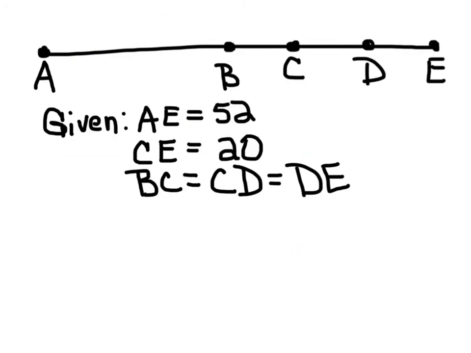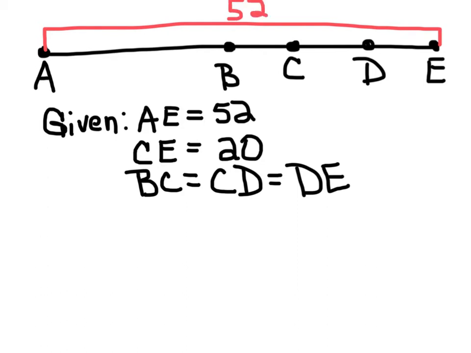The last thing we'll look at is when you have a long segment broken up into several other segments, and they give you some information and then ask you to find the rest of the segments. If the whole segment is A to E, we know that whole thing is 52. If we know that C to E is 20, let's put in everything that we know. It also tells you that BC, CD, and DE must all be congruent.